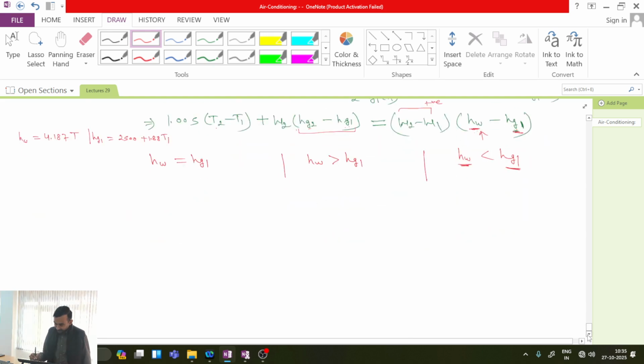So I am getting from here 3 possibilities on psychometric chart. This is my state 1. I have added water. If I am able to add water in such a way HW is equal to Hg1, what it means?